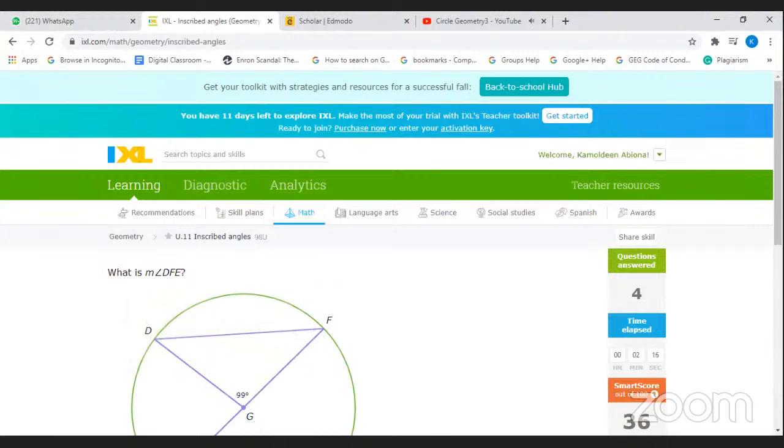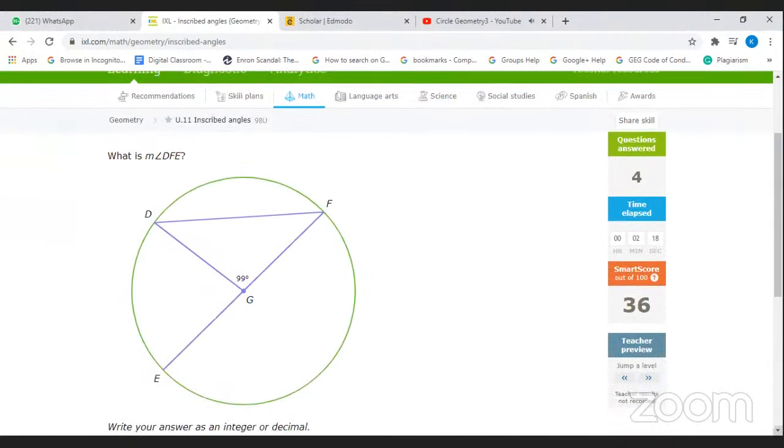So here, another thing that you can also observe is another way we can do this, if you are actually looking for this, because this is radius, this is radius. So 99, you can say this is x, this is x. So 2x plus 99 equals 180 degrees.